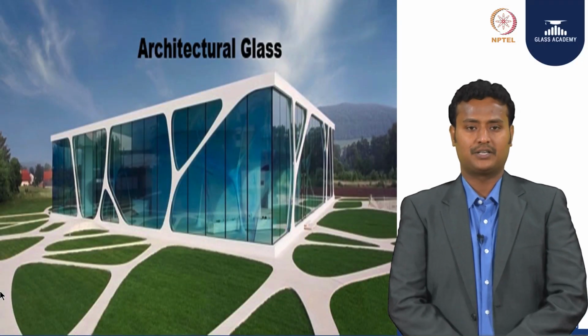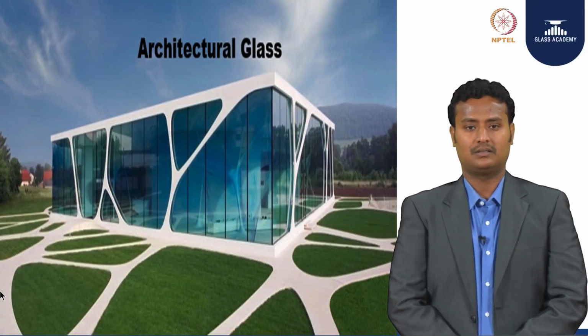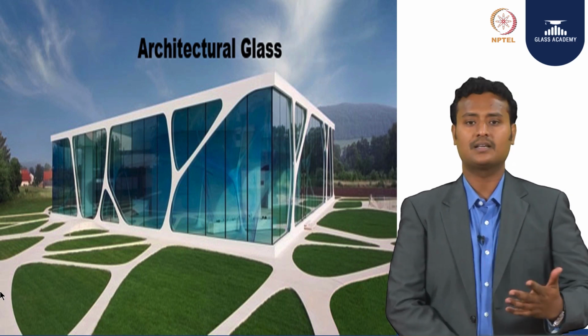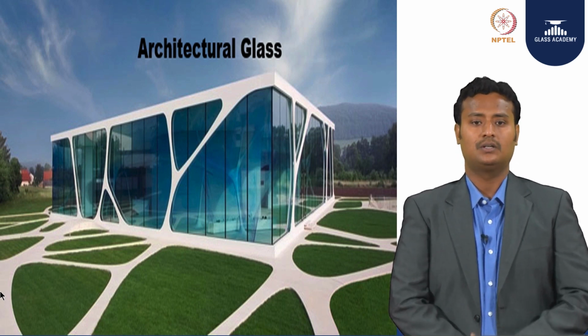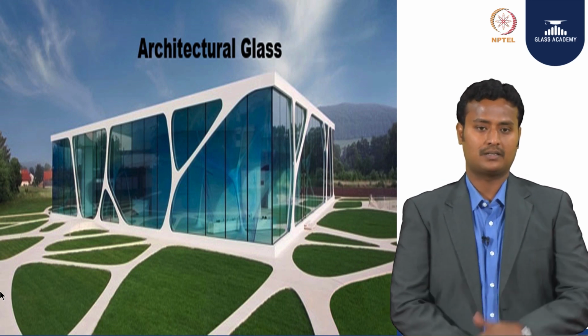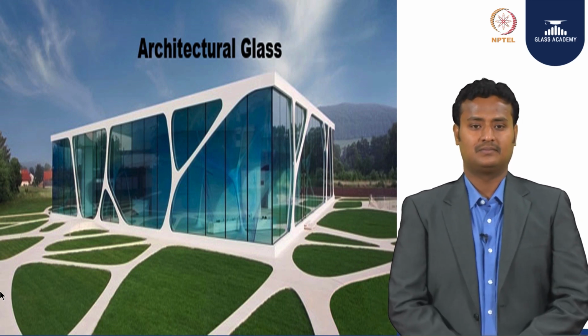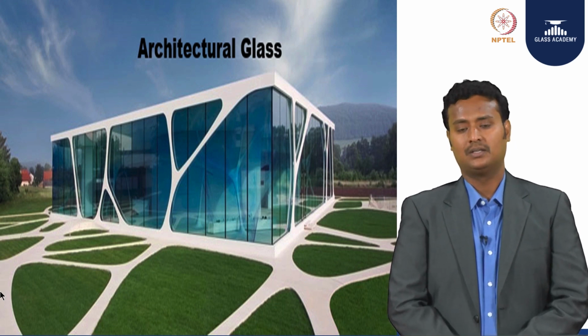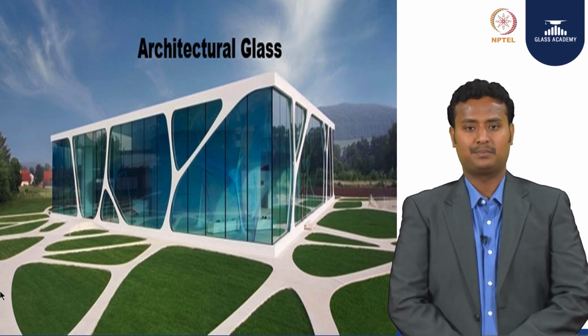You can see this picture from architecture glass. Aesthetically it is a pleasing picture, where whatever design the architects want, you can get it done through this IGU. Any shape can be done.